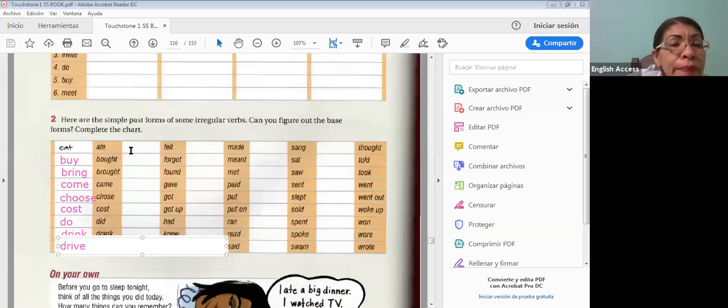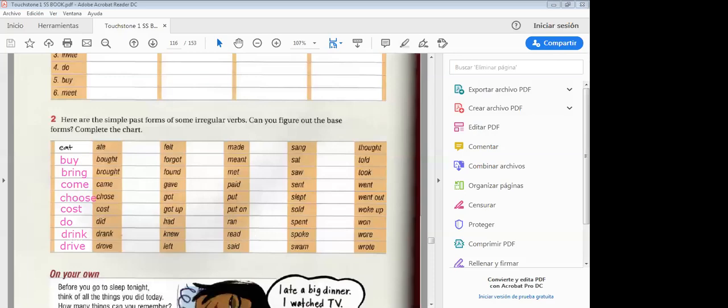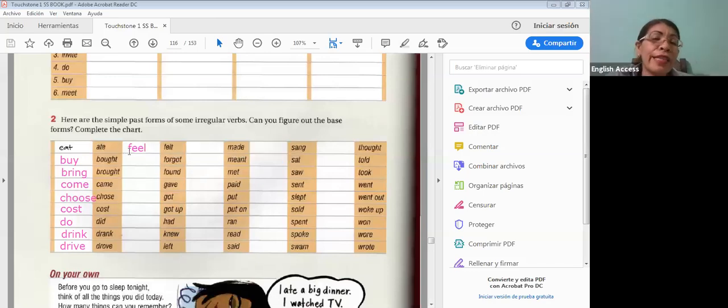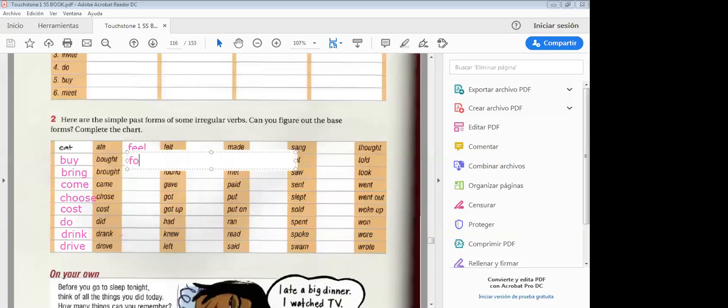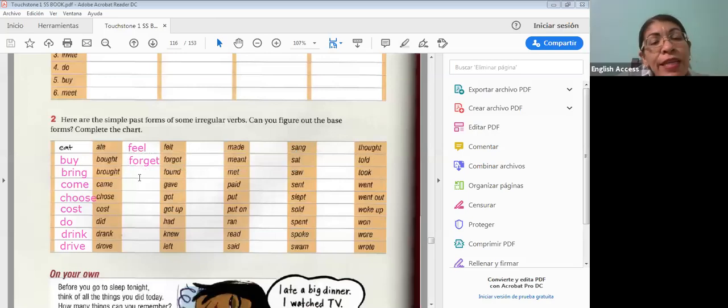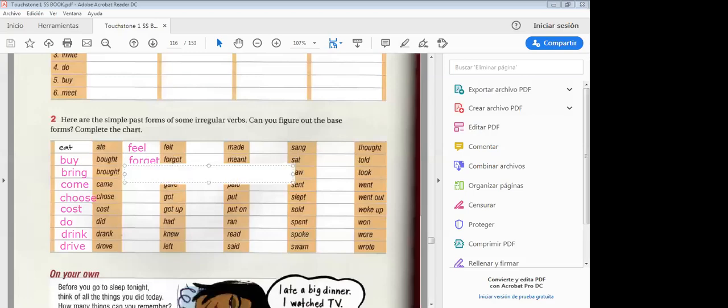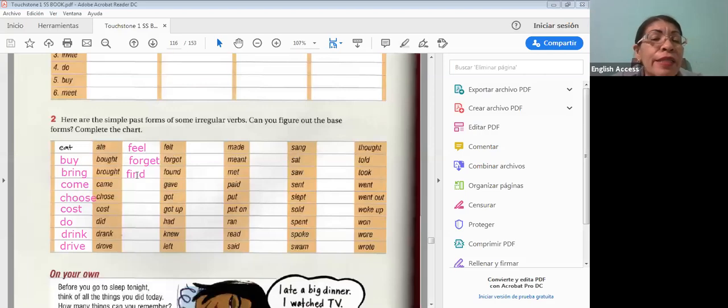Felt is the past of, do you know? Feel. Forgot is the past of forget. Yes, forget. Excellent. Found is the past of find. Okay, this is the past of find.